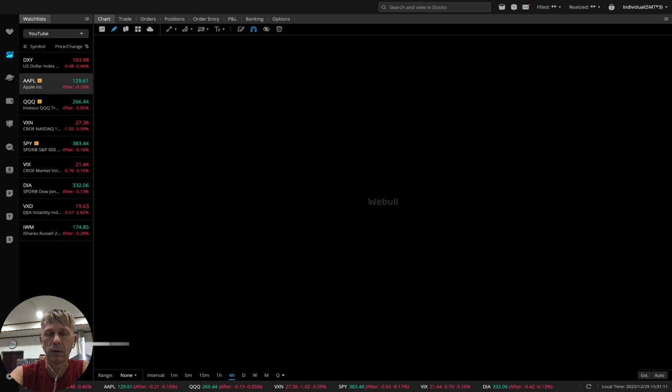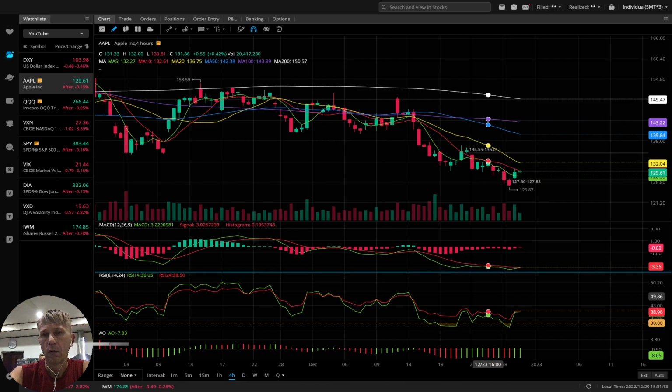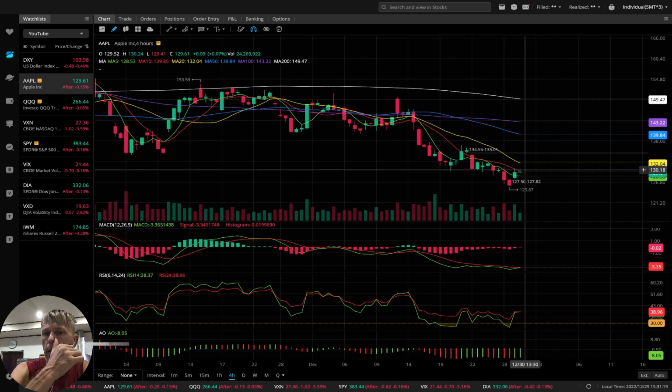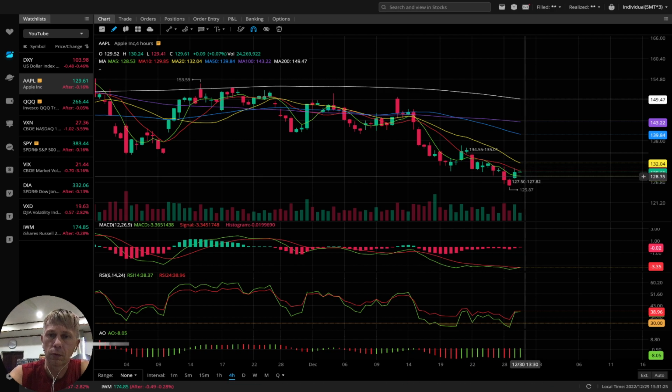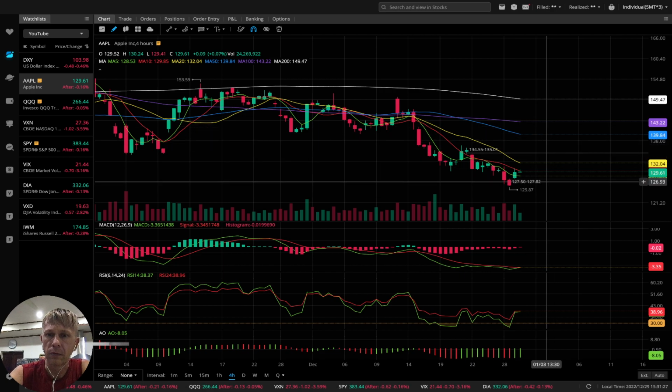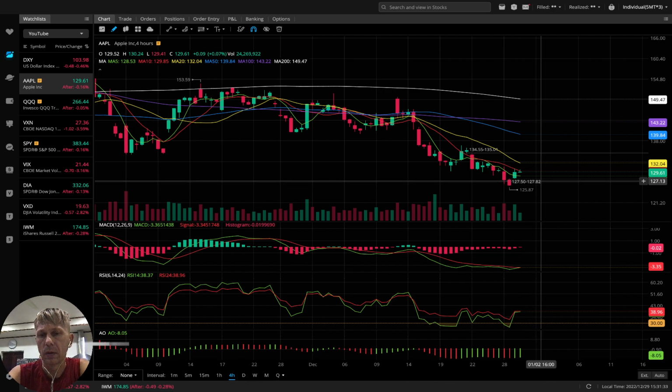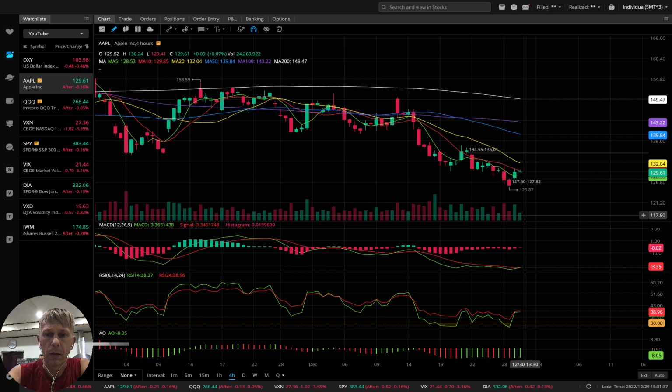Let's check 4 hours. On 4 hours, it's a different story. The last 2 bars were green, and it wants to go bullish. It left a small gap below the gap up.